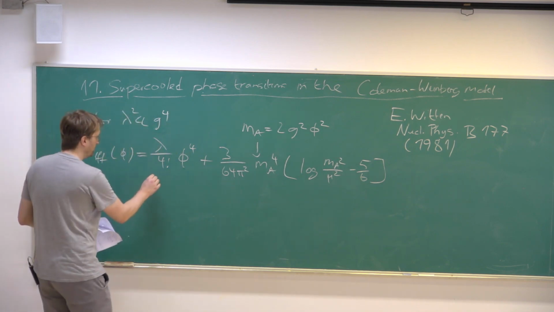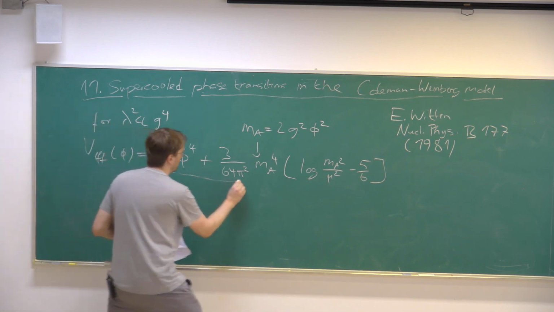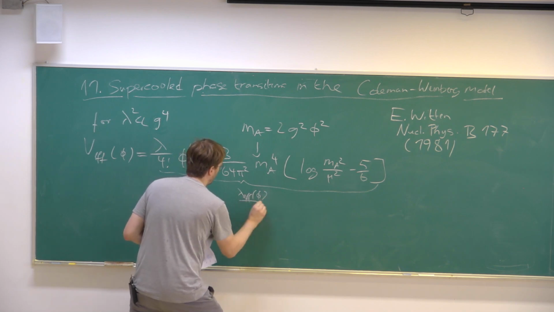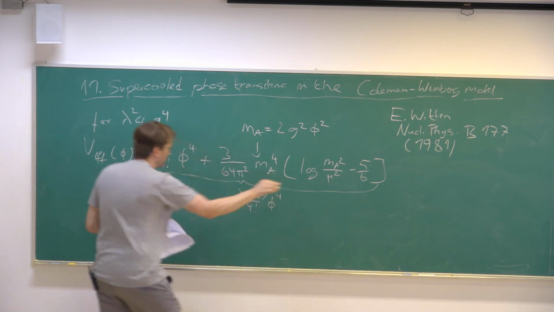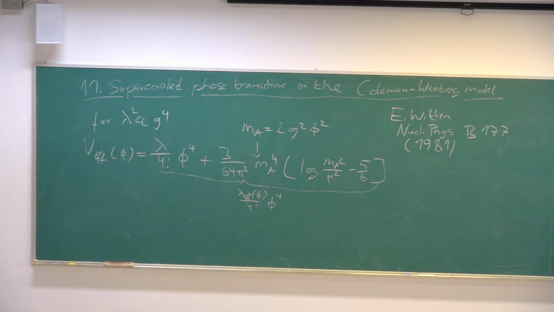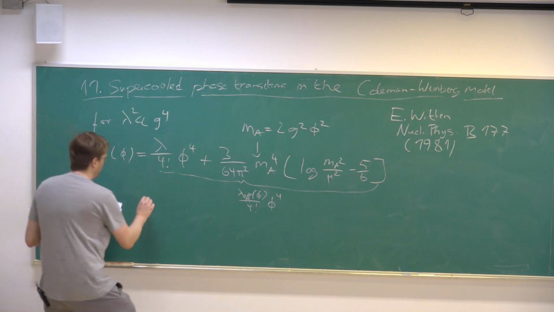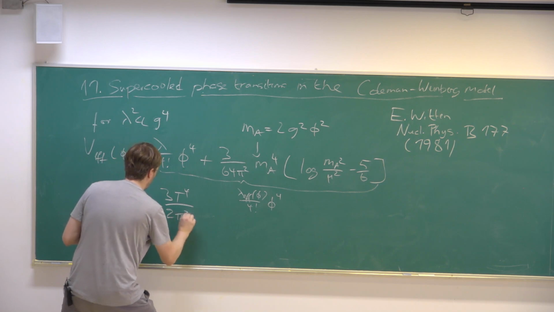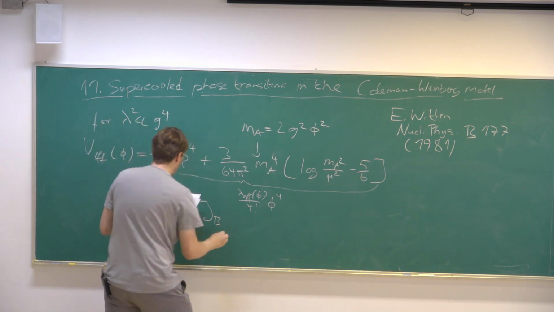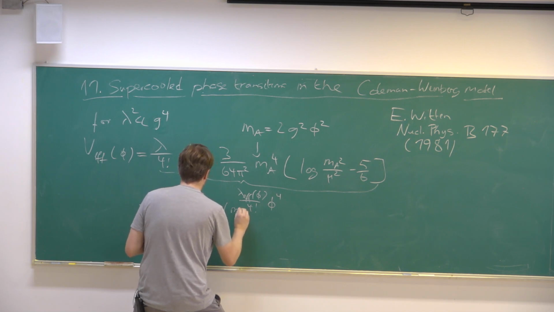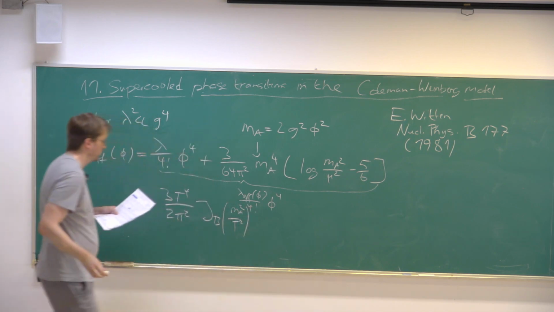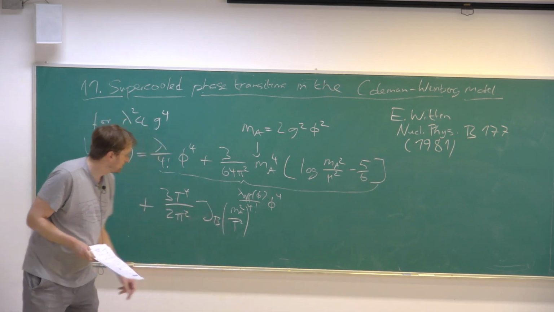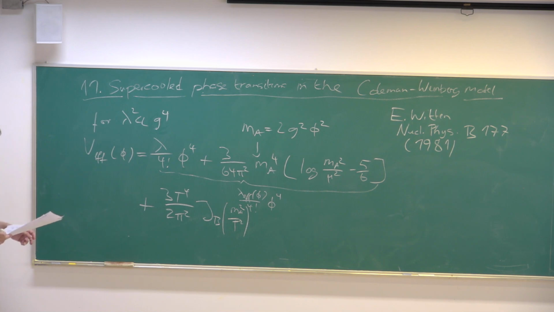I wrote this before as lambda effective of phi times phi to the fourth. And then there is a thermal correction term, and this depends on the temperature, with this thermal function J_B that we calculated as a function of the mass squared and the temperature squared, and the temperature to the first power.